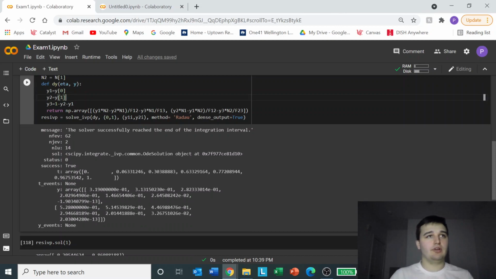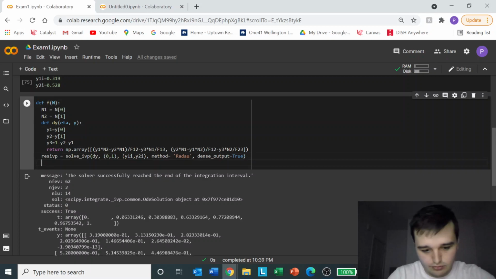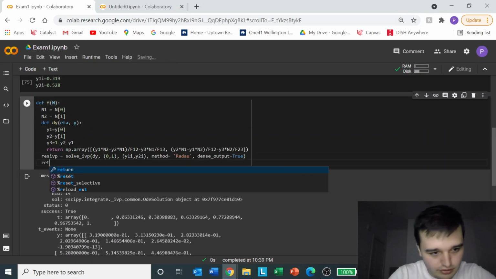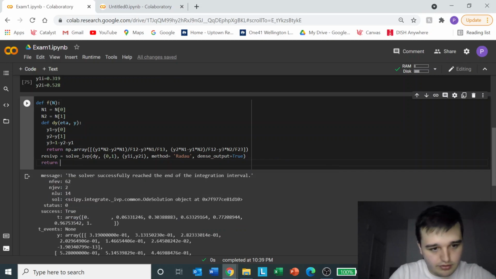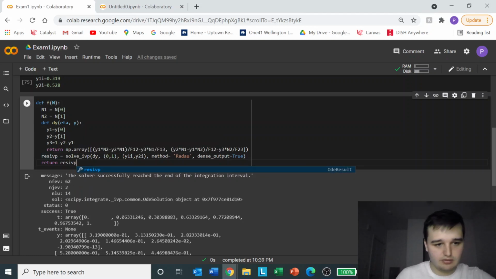All right, so now that we've done that, basically we put an IVP, initial value problem, within a root solver. So now we want to return that value. Let's set res IVP solution.